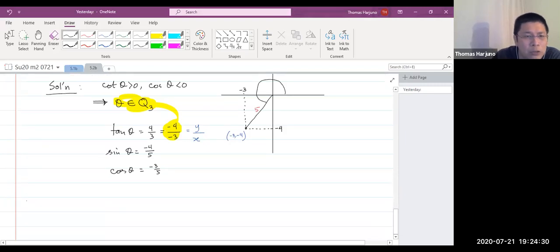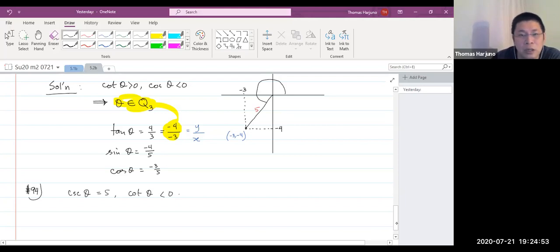Let's do another one, number 94. Cosecant theta is 5, while cotangent theta is negative.